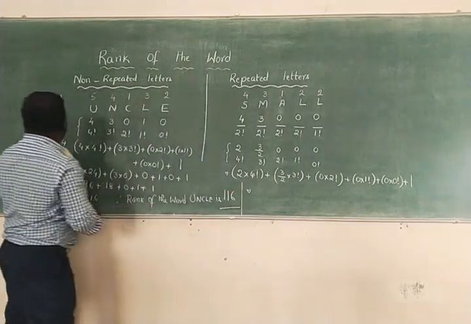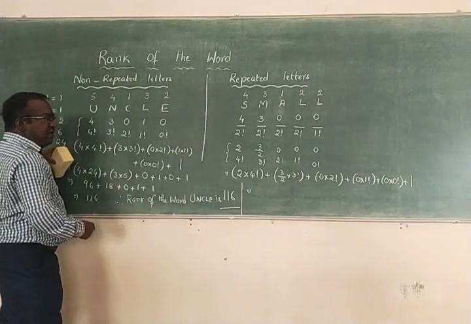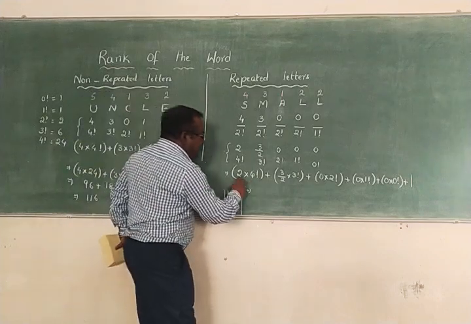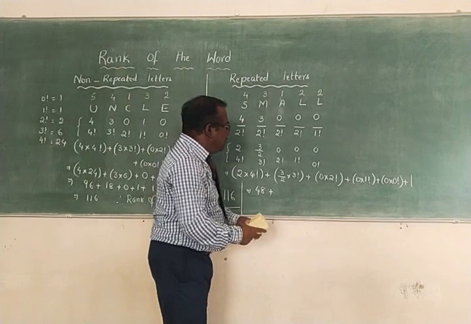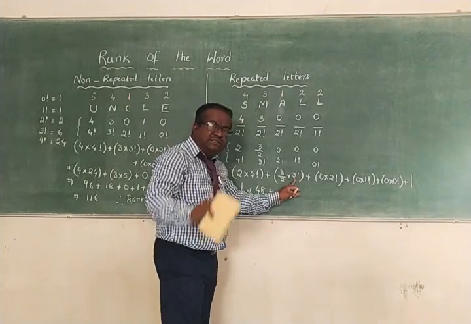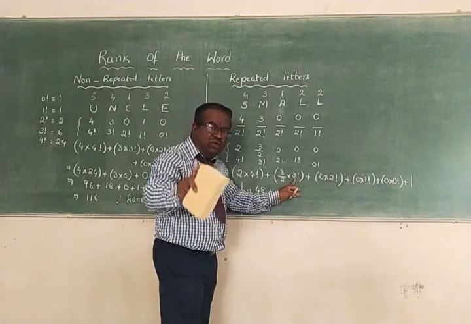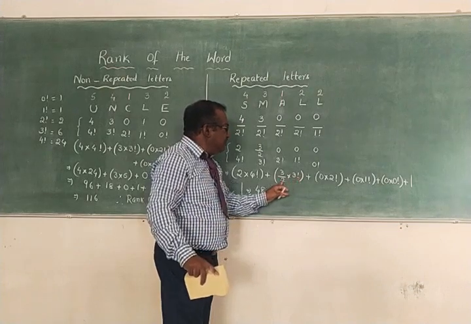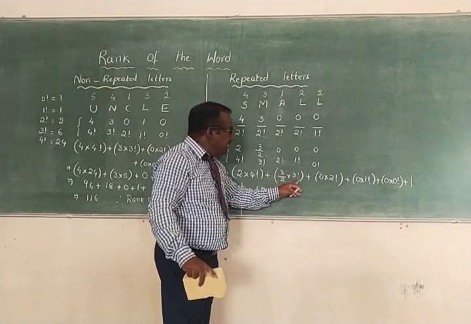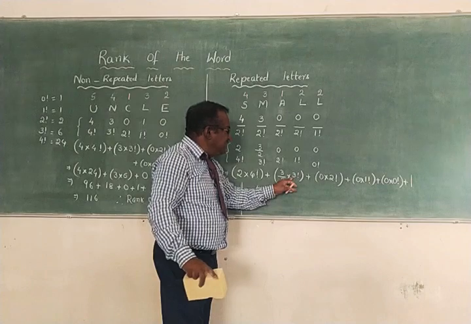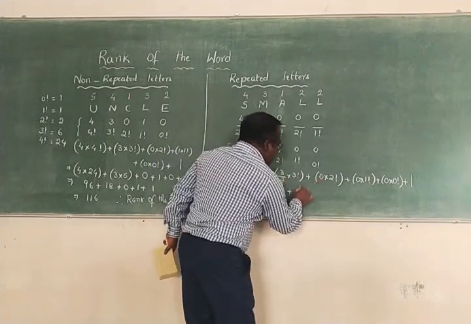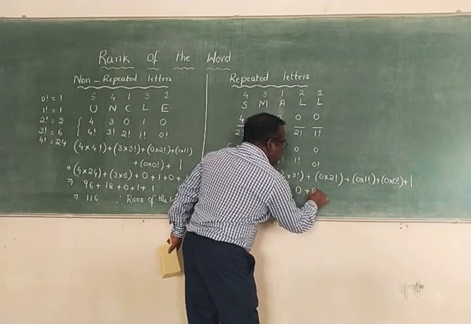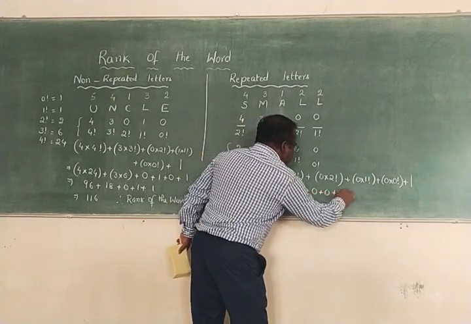Now this implies 4 factorial. Already we have written here 4 factorial means 24. 24 2s are 48 plus, now 3 factorial means 3 into 2 into 1. So 2 factorial gets cancelled here, 2 into 2 gets cancelled, 3 will be left, 3 3s are 9 plus 0 into anything is 0 plus 0 plus 1.